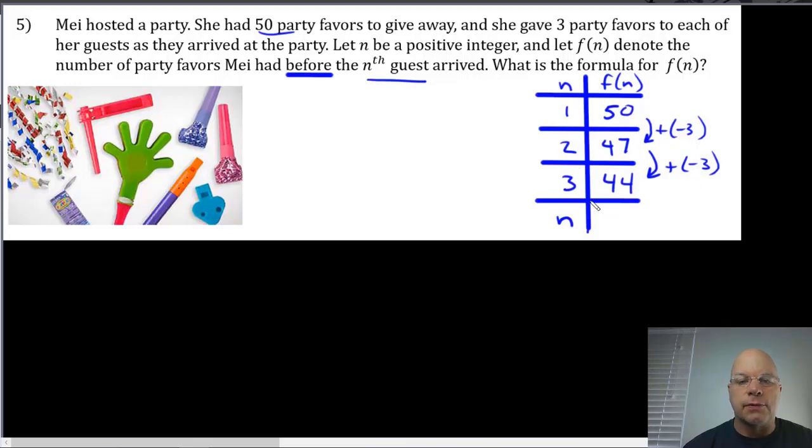So we could start our rule f of n by writing negative 3 as the coefficient of the variable term, negative 3n, and then adjusting. And when I say adjusting, this is one of these things that seems really easy to me, but when you first start doing it, I know it's not as easy as I think it is. So let me be very explicit here.